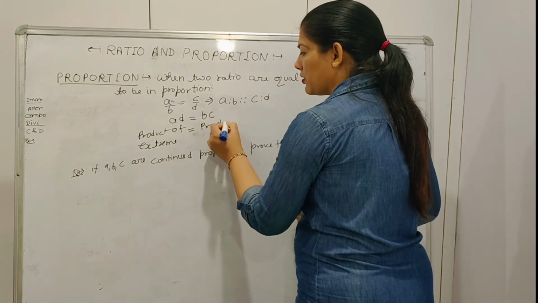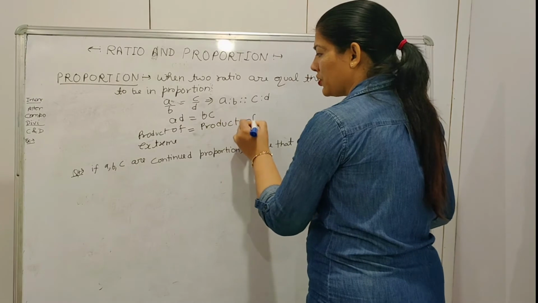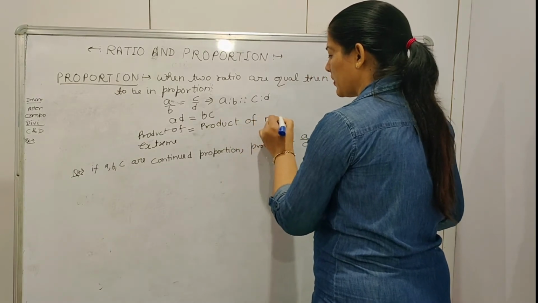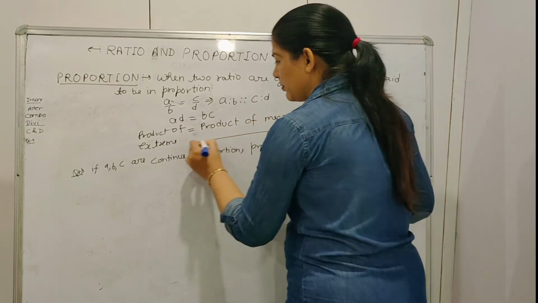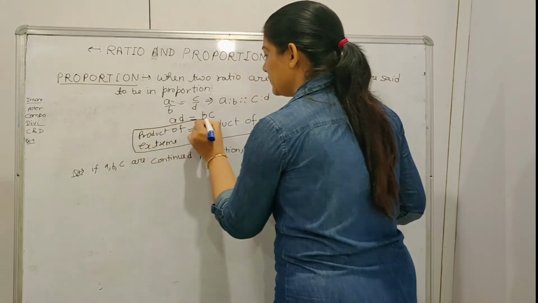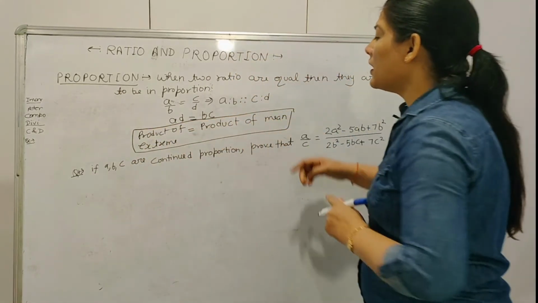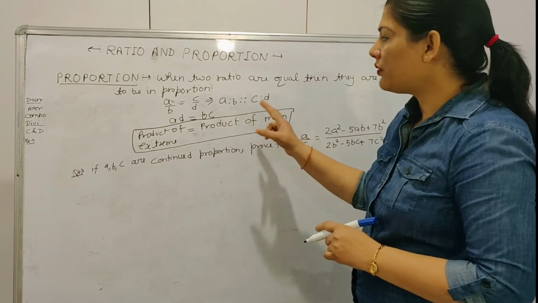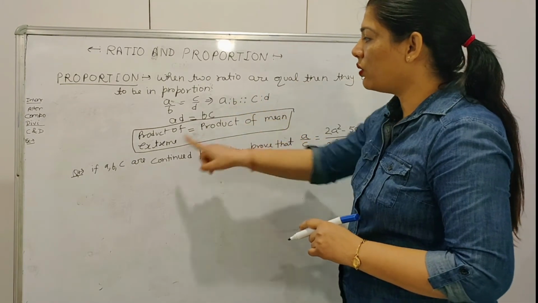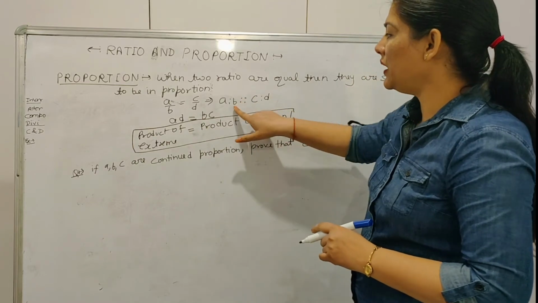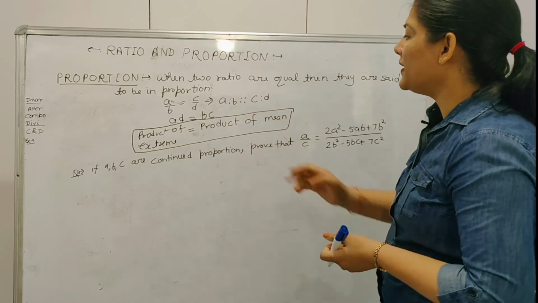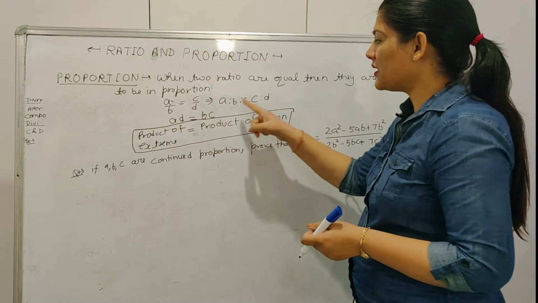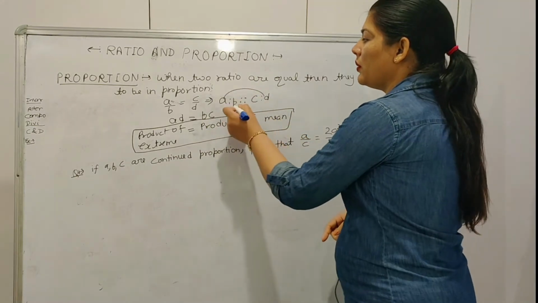This is a very important formula for the questions, so we have to learn this formula, because the first and last terms are the end points of the proportion, so that's why they are called extremes, and the middle terms B and C are called means. So product of extremes is equal to product of means.